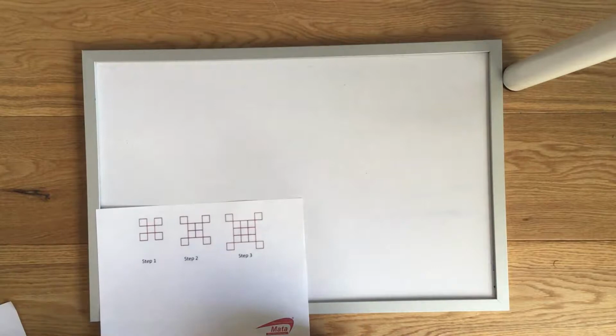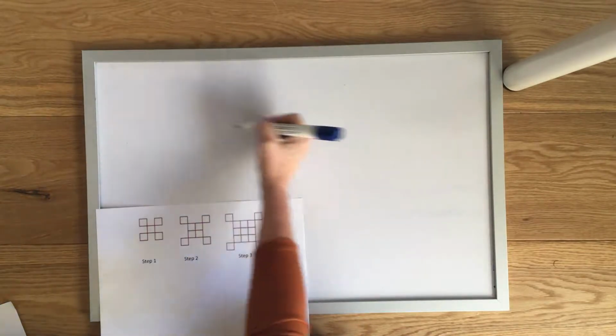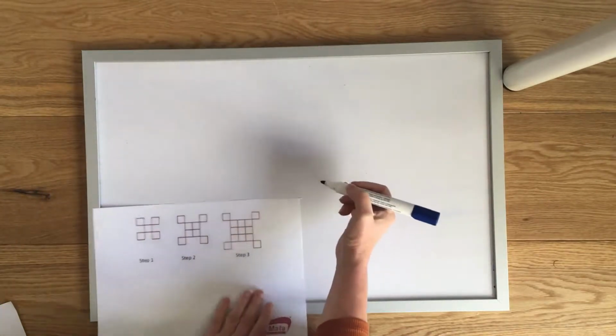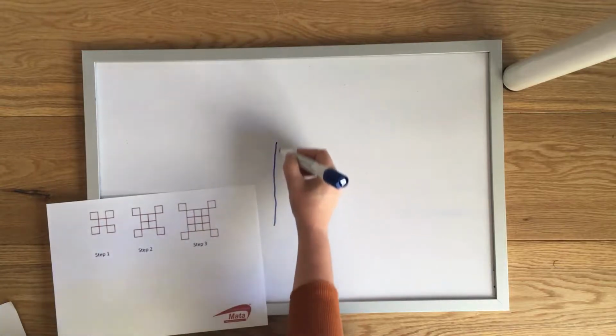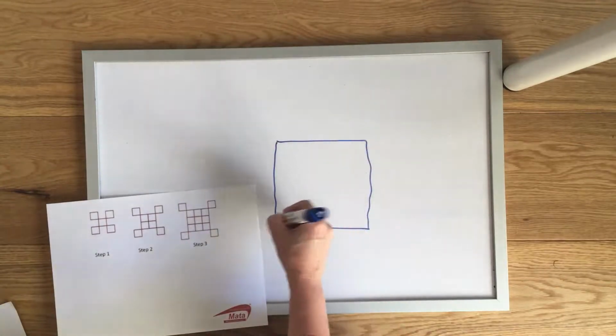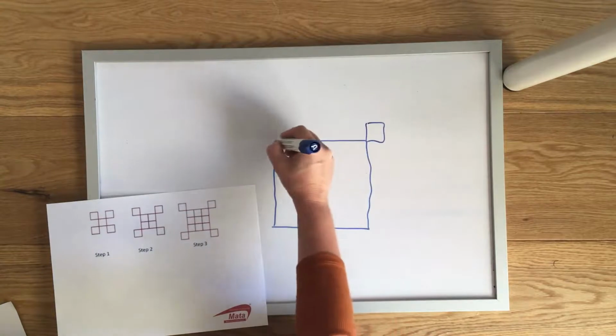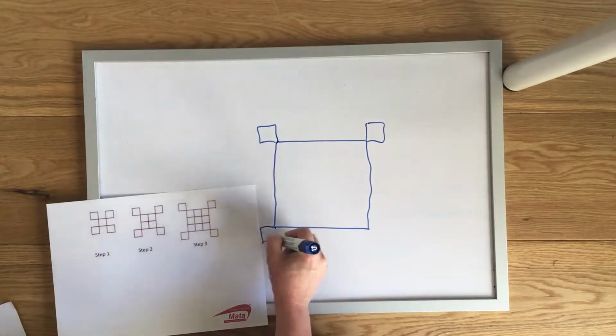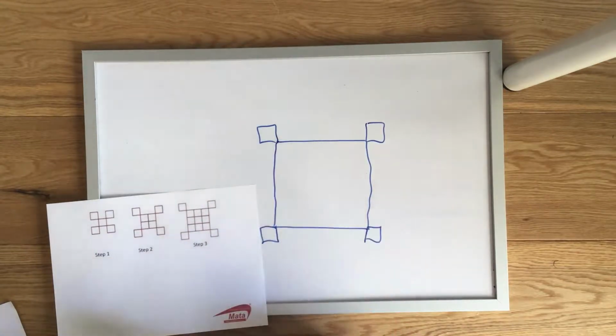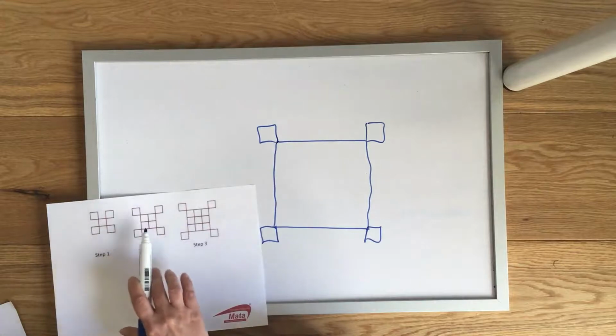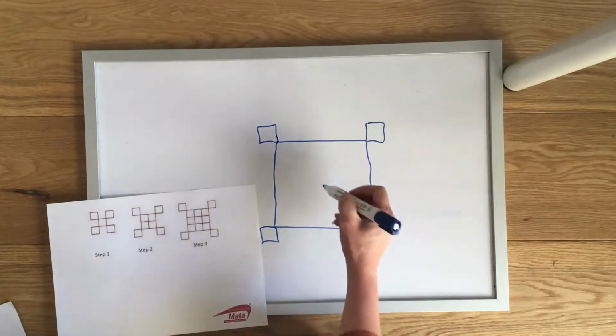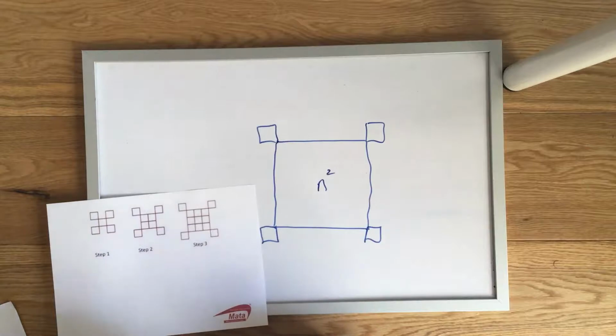Again, try to see the visual pattern. You should be able to see that each of these shapes has a square on the inside with 4 squares hanging off the outside. So initially we have a 1 square, then a 2 square, then a 3 square, so we should expect an n square.